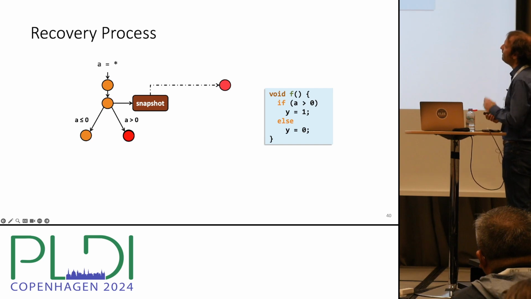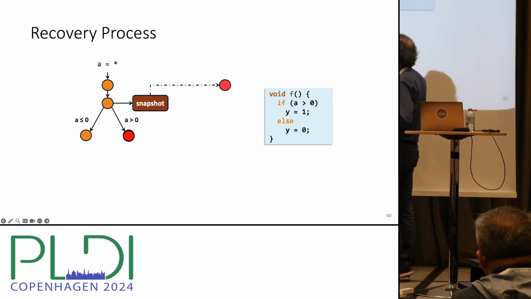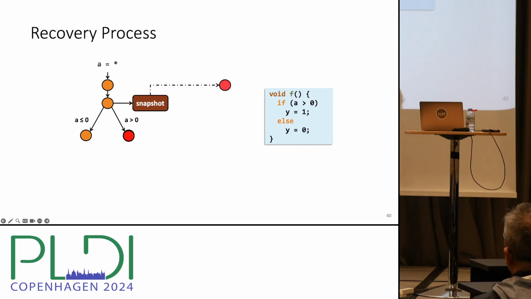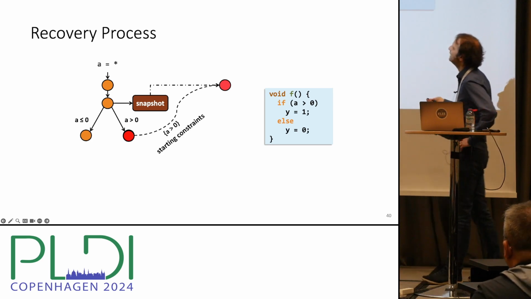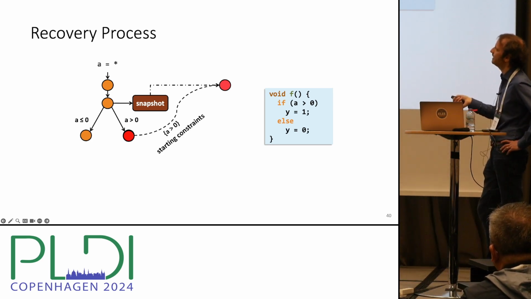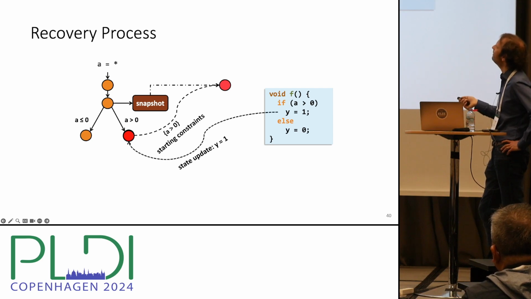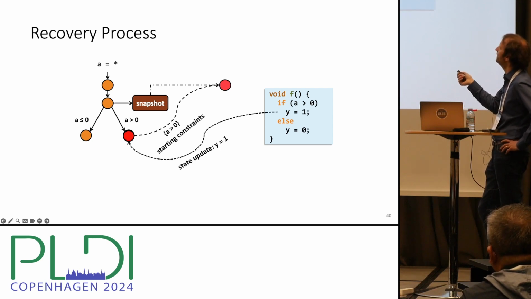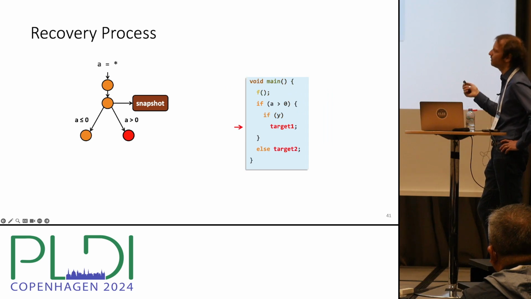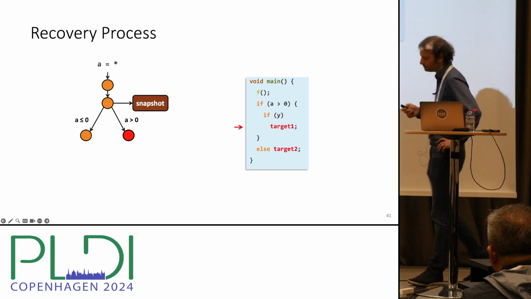But remember that I'm interested in what has happened to Y when I reach this point where I already know that A is greater than 0. That's really nice, because now I can execute F symbolically only under the assumption that A is greater than 0. Under this assumption, only this path is feasible. So I communicate the fact that Y was set to 1, and now I can actually reach target 1.